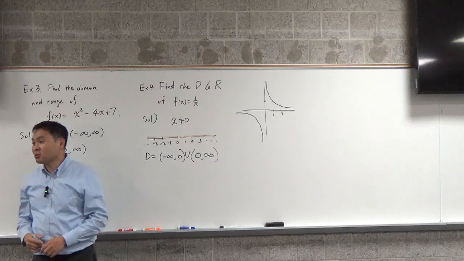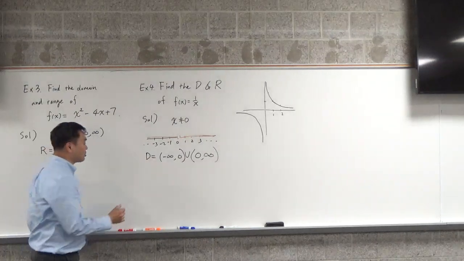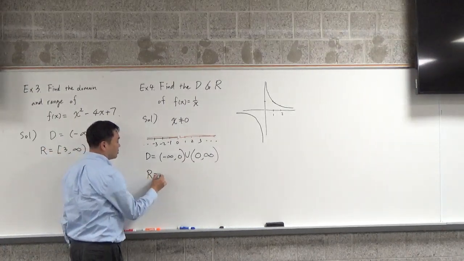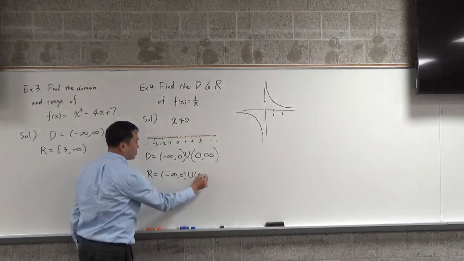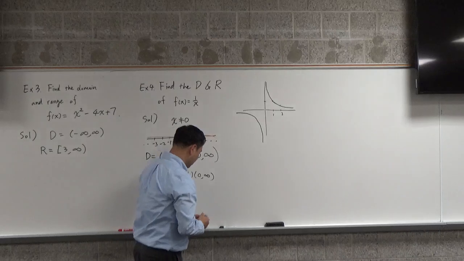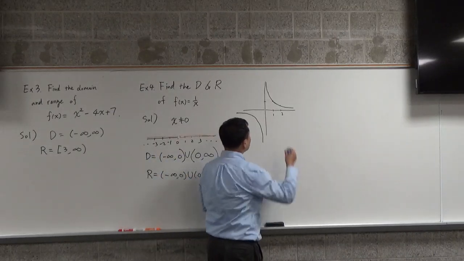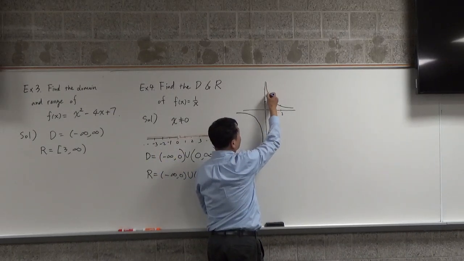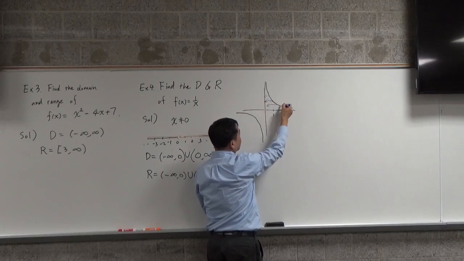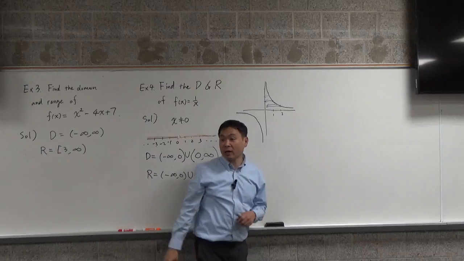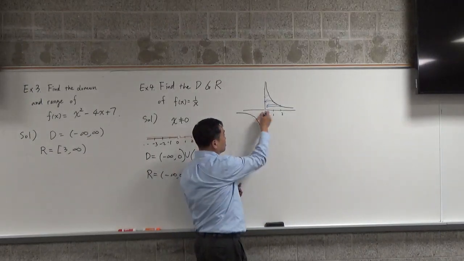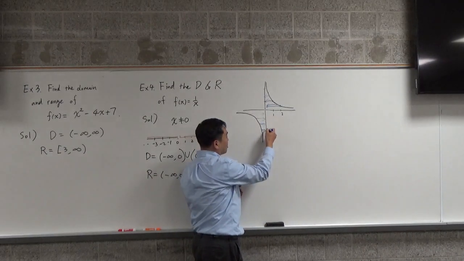And you're right. You end up with the same thing for the range. It's all real values except 0, right? Because look, if you drew horizontal lines through to the y-axis, by doing it on this portion, you get all the values on the y-axis. And if you do it on this portion, you also get all the values.